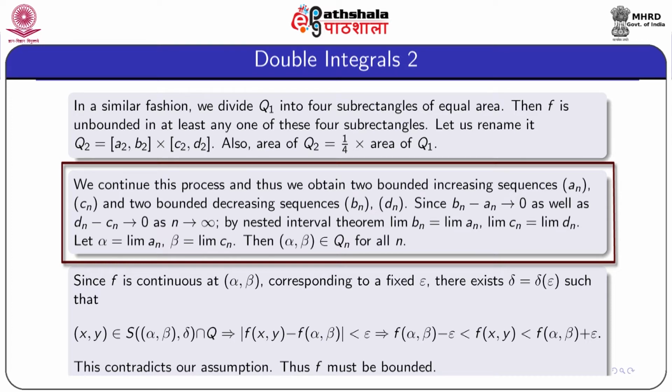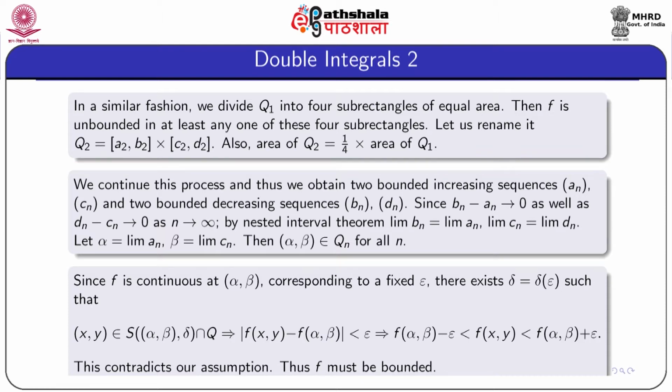Since Bn minus An tends to 0 as well as Dn minus Cn tends to 0 as n tends to infinity, by the nested interval theorem we have limit Bn equal to limit An, and limit Cn equal to limit Dn. Let alpha equal to limit An, beta equal to limit Cn. Then the point (alpha, beta) is in Qn for every n.